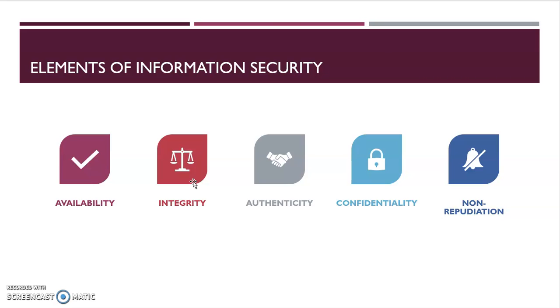So what will the bank do? The bank will take out that email and show it to you, stating that there is an email which has been sent by you asking to change the number. So this is non-repudiation. Neither the receiver nor the sender can deny that this email or this information has been sent. So these are the five elements of information security: availability, integrity, authenticity, confidentiality, and non-repudiation.